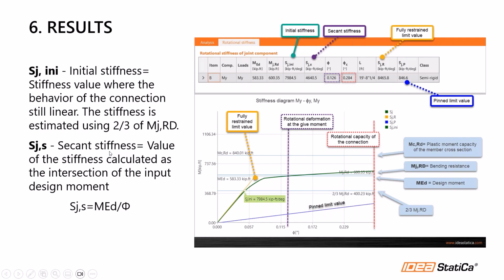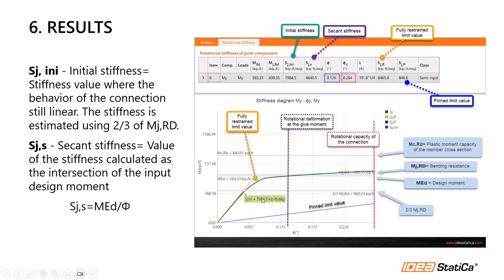So let me explain to you what that second stiffness is. This is the value of the stiffness calculated as the intersection of the input design moment. So this stiffness is the one related to the input moment, right? That is the one that we'll use later on when we are using the stiffness results, all right?